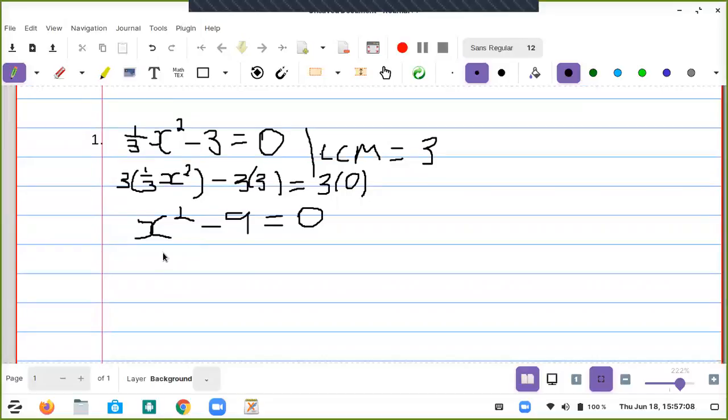Let me check. This is x squared, a perfect square. Minus 9 is the second term, and 9 is a perfect square. So this expression part of the equation is a difference of two squares, and it becomes very easy for me to factorize it.